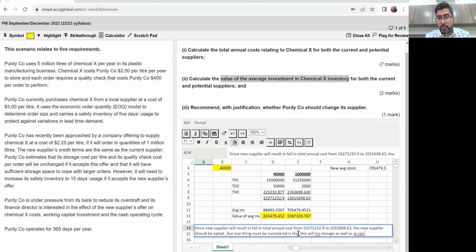So this will increase storage. So new inventory, more inventory means more working capital. So it needs to be carefully decided. Okay. On monetary, financial grounds, this offer seems acceptable because it is resulting in saving, but this will result in more holding costs, more working capital levels. So this needs to be carefully considered. Okay. You can copy this.